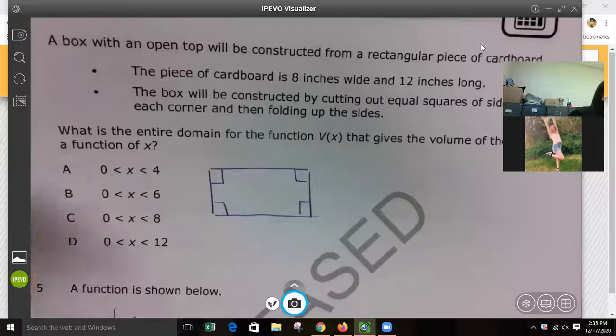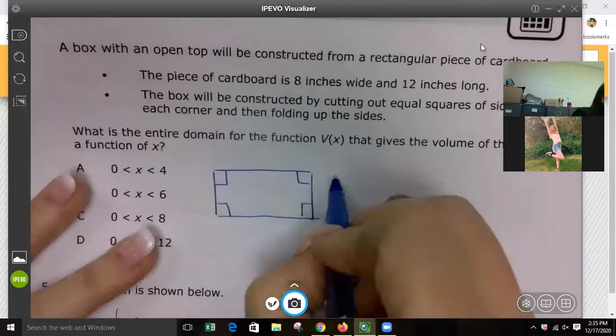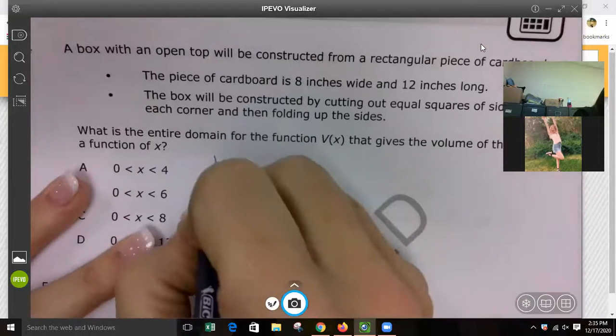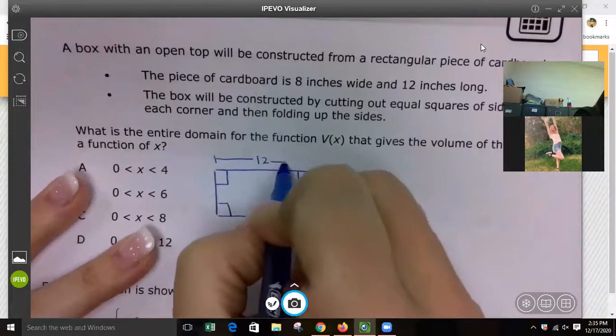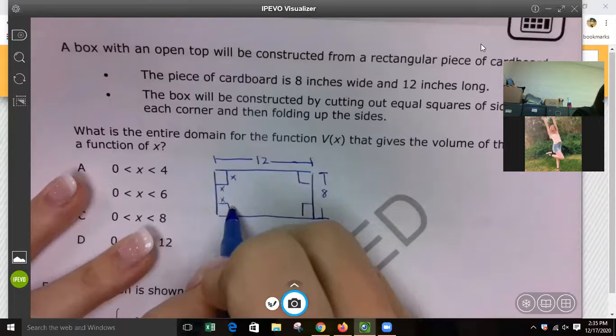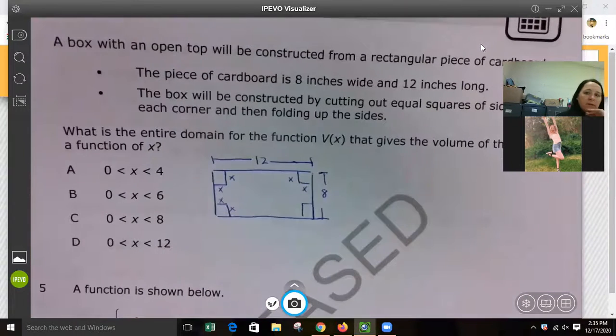So what it said was it was 8 inches wide and 12 inches long, but we cut off square pieces that were X's.